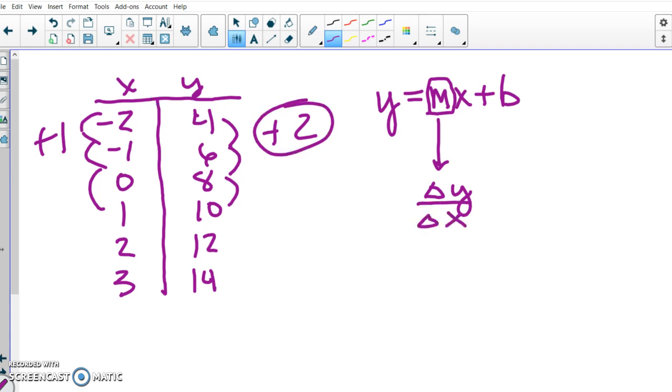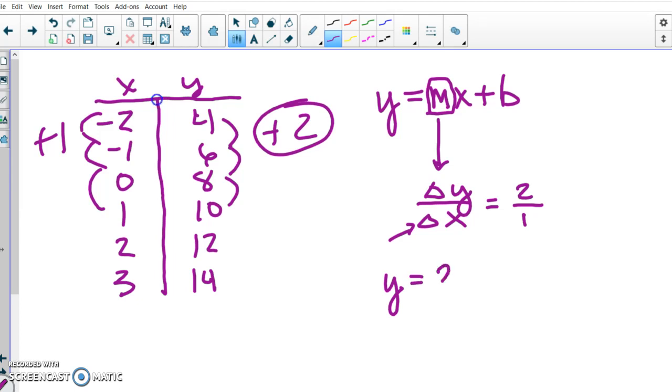Remember the Greek symbol delta indicates change. This one actually looks like a poop emoji, but sorry about that. It means delta. So we're looking at the change in y being 2 in this case, and the change in x being 1. And so that would indicate the slope of our line.